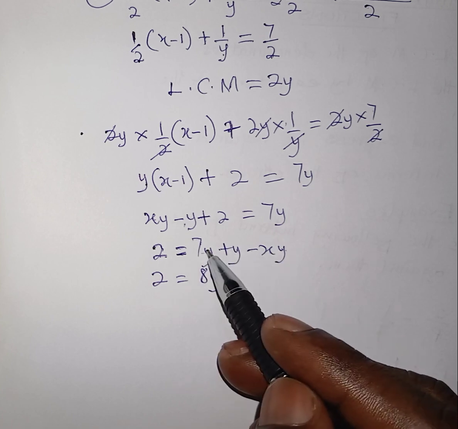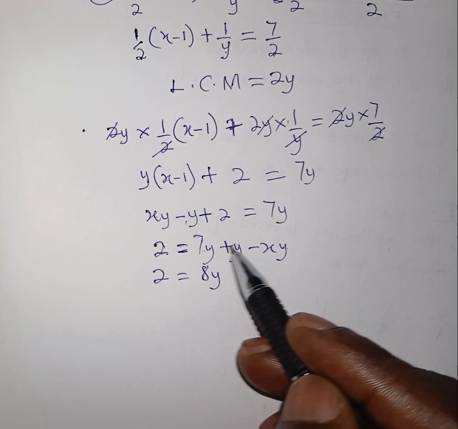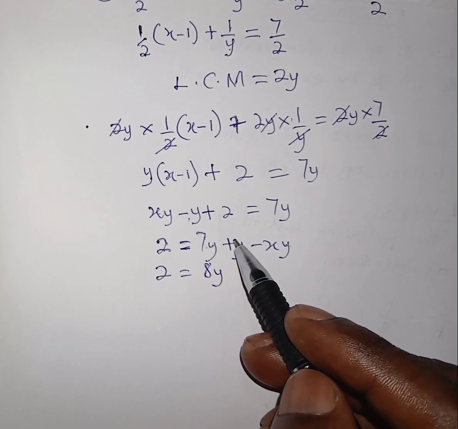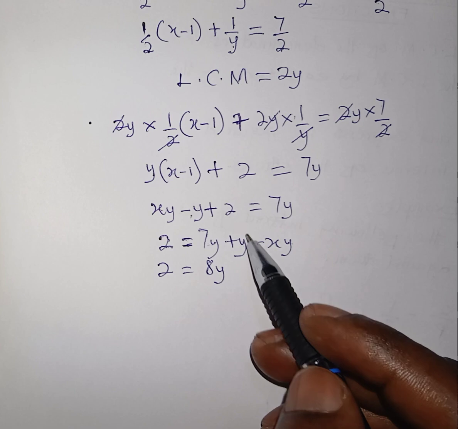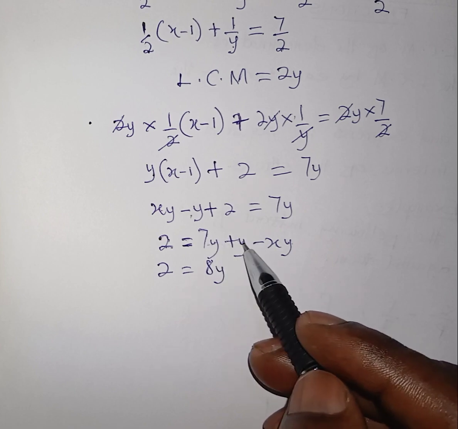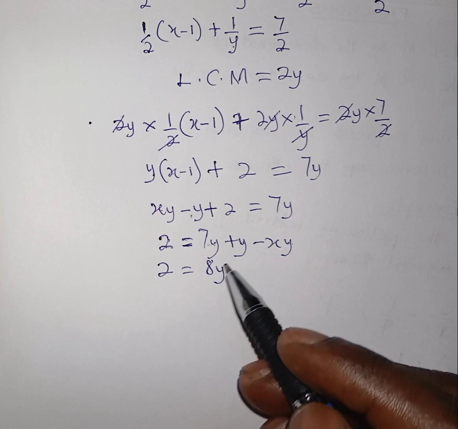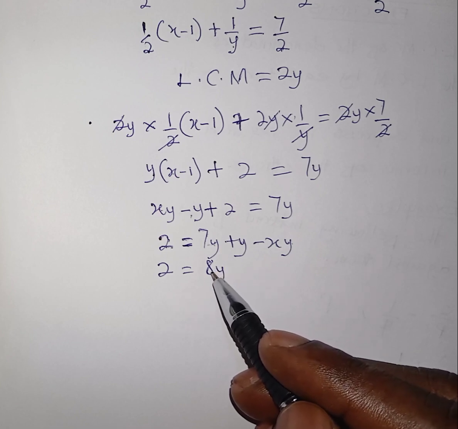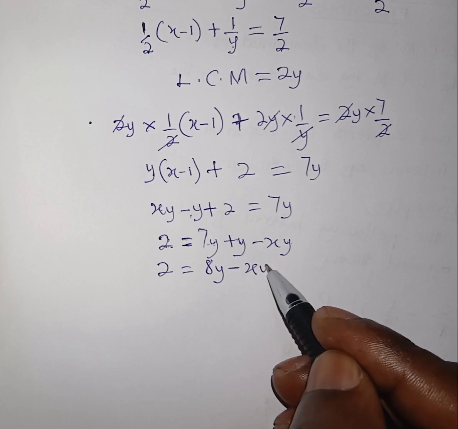Different from this. As for this one, we know that the coefficient of y is what? 1, the 7, and the coefficient of this y is what? 1. They are numbers, so once they are all numbers and these variables are the same, then they are alike, so we can add them. That's why I added them, to get 8, but we can't add this one, so we'll maintain it as it is.